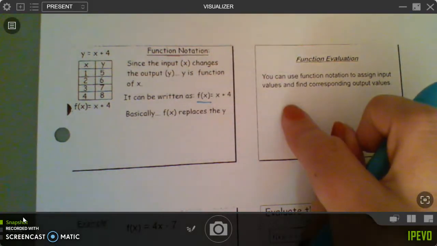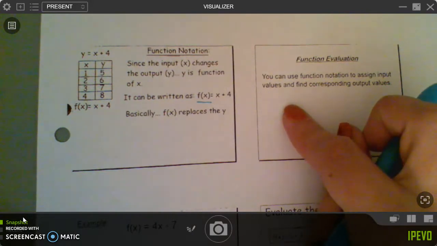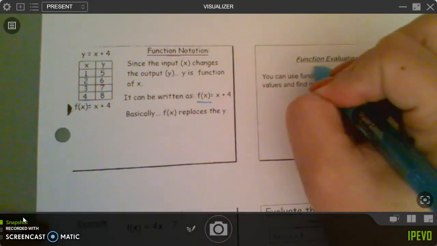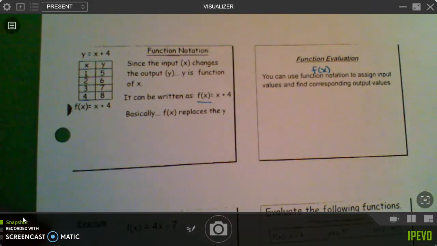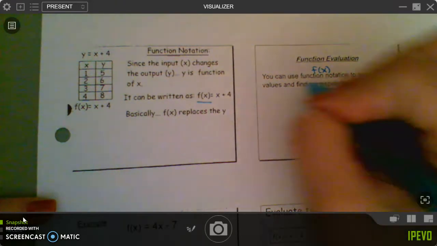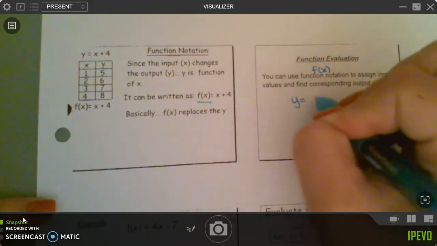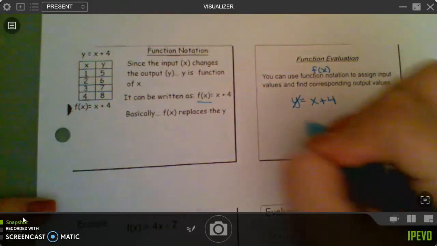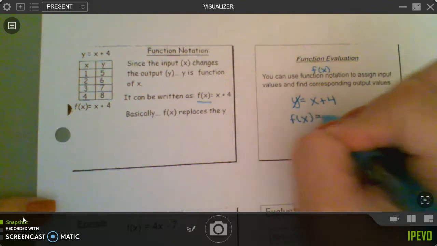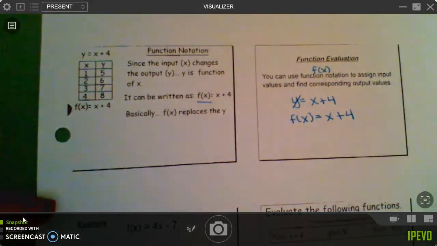So function evaluation, you can use function notation, that's the f of x, to assign input values and find corresponding output values. So instead of the y equals x plus 4, we're going to rewrite that and say f of x equals x plus 4.